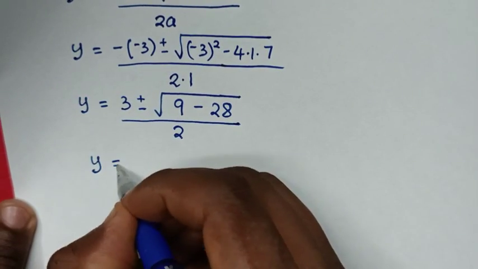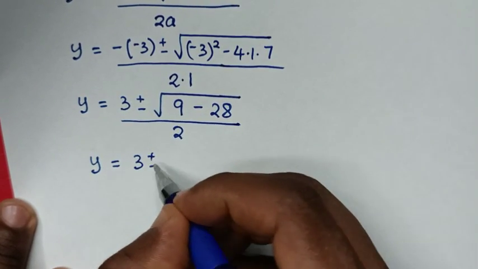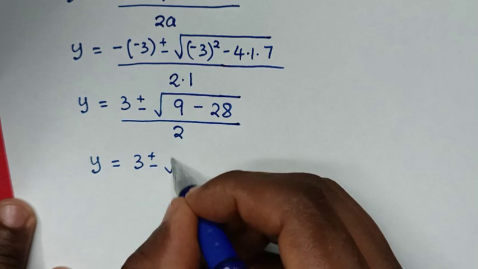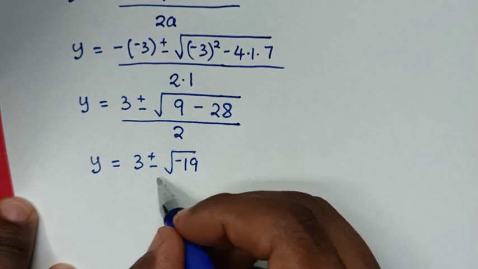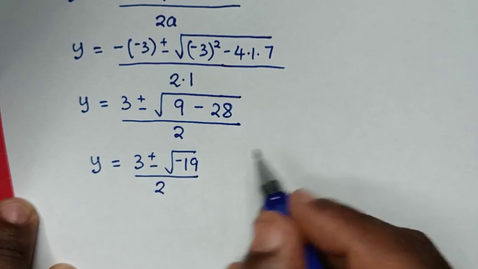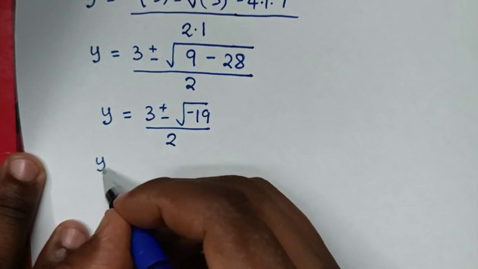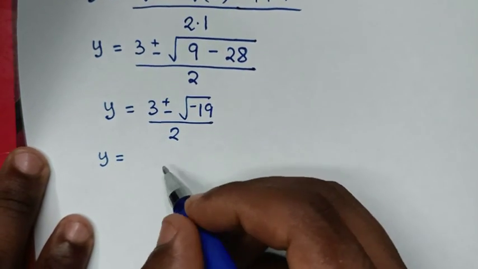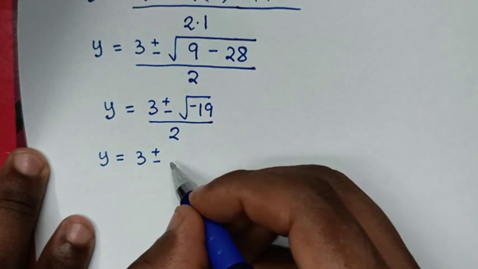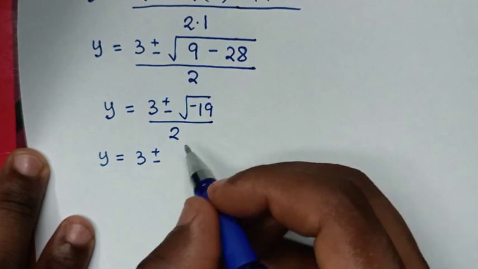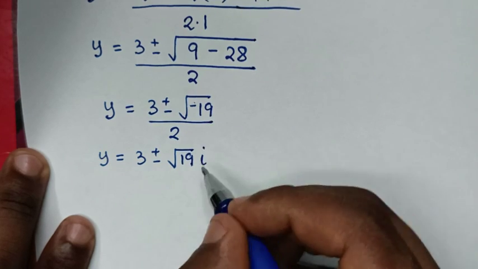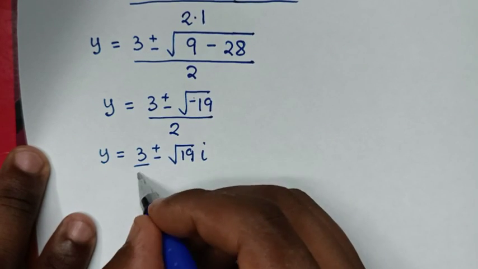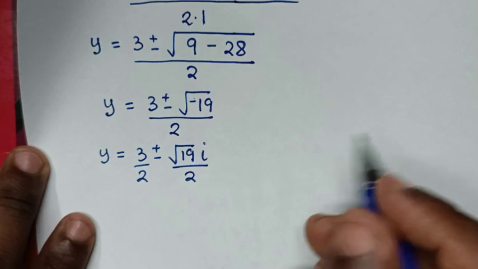Then y is equal to 3 plus or minus square root of 9 minus 28, which is negative 19, over 2. Then y is equal to 3 plus or minus square root of negative 19, which is the same as square root of 19 times square root of negative 1, which is i, over 2. We divide by 2 in this part and in this part.